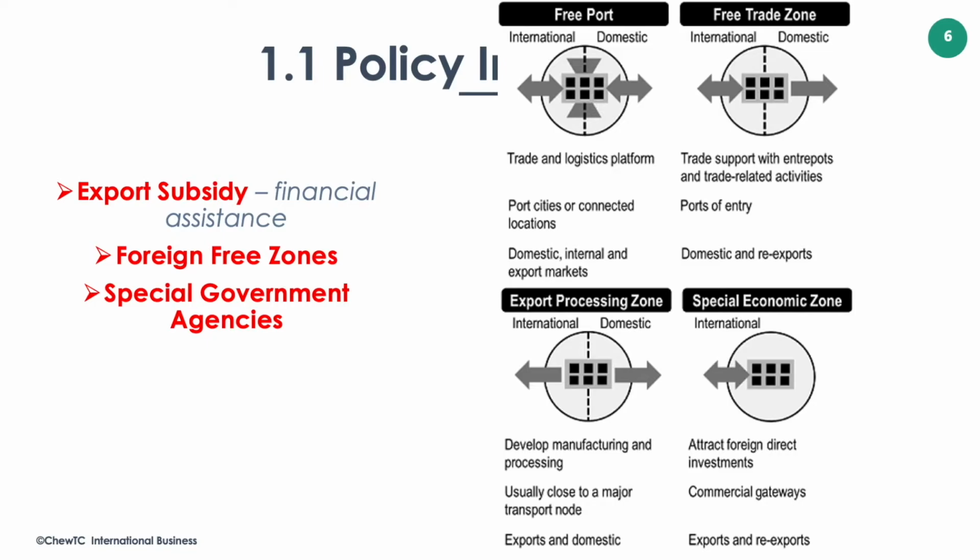Free trade zones are considered to be enclosed, duty-free areas for the purpose of providing warehousing and distribution facilities supporting trade, particularly re-export. They are commonly near a point of entry such as a port, an airport, or a land border. The focus is on commerce such as finished and semi-finished goods.